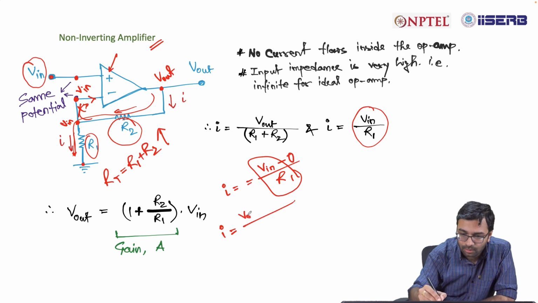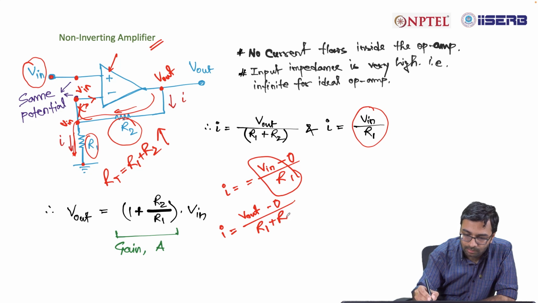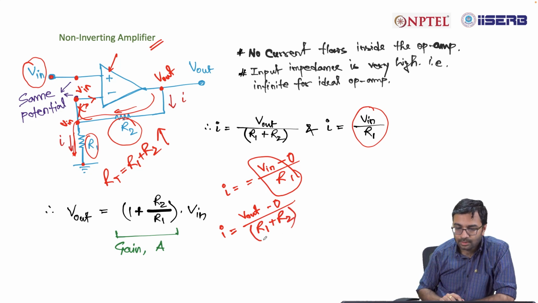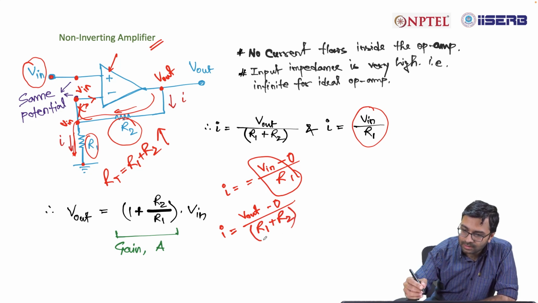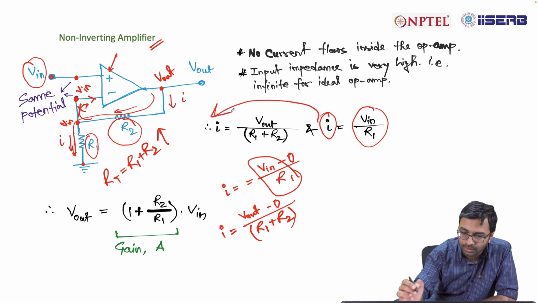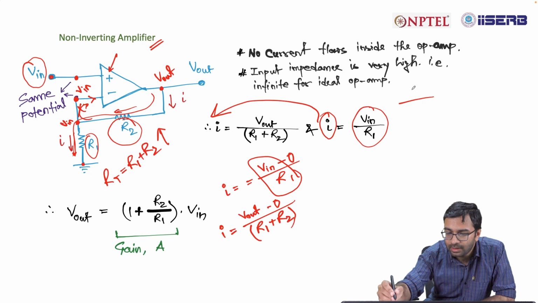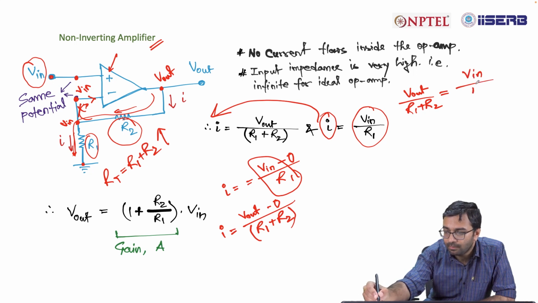So it's V out minus 0 divided by R1 plus R2, right? Now replace the value of I from this equation to this equation. You will find V out divided by R1 plus R2 is equal to V in by R1.